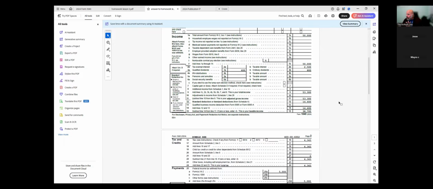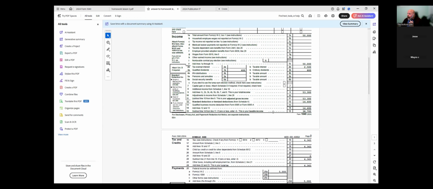We will get to that, but we're not doing itemized here. So we're just doing income. And then you're going to subtract that 14,600. Those are his total deductions. If he had a business, he might have what we call a QBI, qualified business income deduction. He doesn't have that, so we leave it blank.